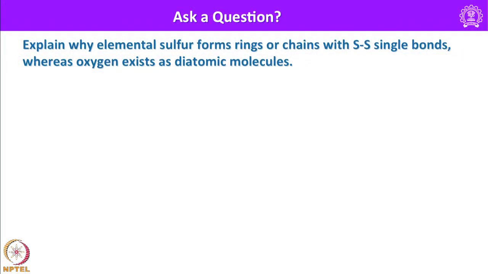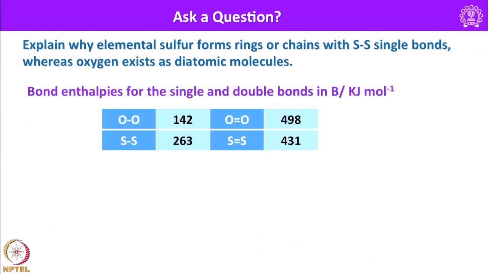So, let us look into another question. Explain why elemental sulfur forms rings or chains with S-S single bonds. We know that sulfur exists as S8 and higher ring forms, whereas oxygen exists as a diatomic molecule. So, let us look into the bond enthalpies for the single and double bonds in both the cases.